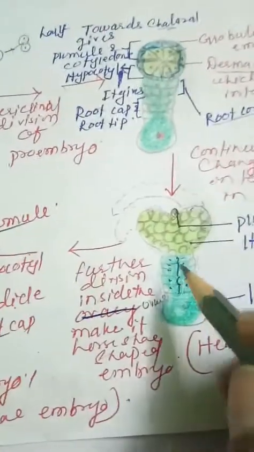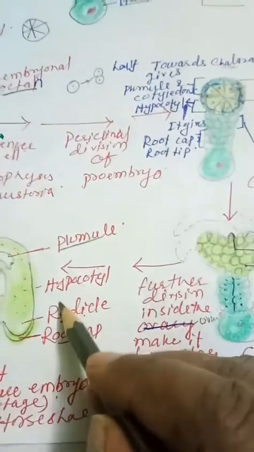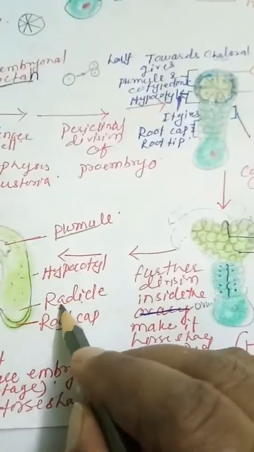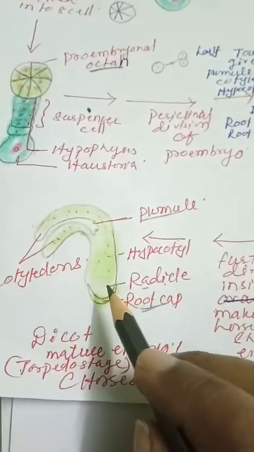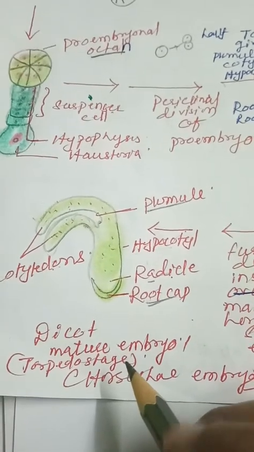Other parts are the suspensor cell. It gives the hypocotyl, then the lower 4 cells give a radicle and root cap. So this is the dicot embryo, which is also called torpedo stage.